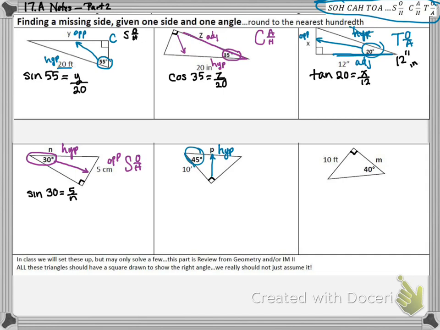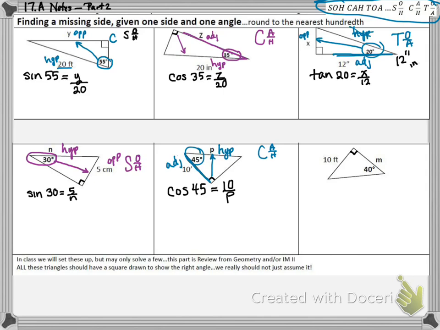It is touching the 45-degree angle, which means it's the adjacent side. The one that uses hypotenuse and adjacent is cosine. Cosine is adjacent over hypotenuse. So I'm going to come down here and set this up: cosine of the only angle I know equals the side adjacent over the hypotenuse.